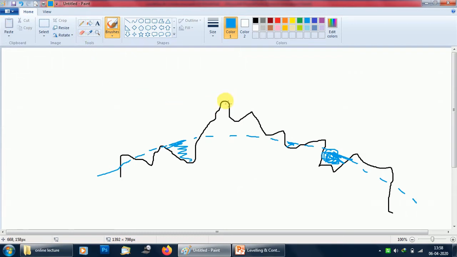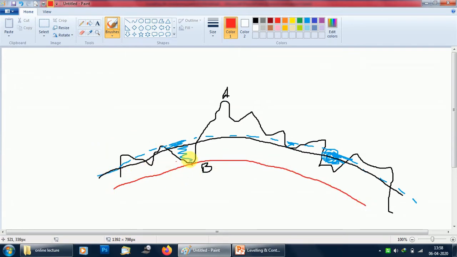This is point A, and here suppose this is point B, and this line is your geoid line. Any surface which passes through B and is parallel to the existing geoid MSL surface is another geoid, and another surface at a certain height which passes through point A is another geoid. Those parallel surfaces are the level surfaces. It is a local geoid, you can say.